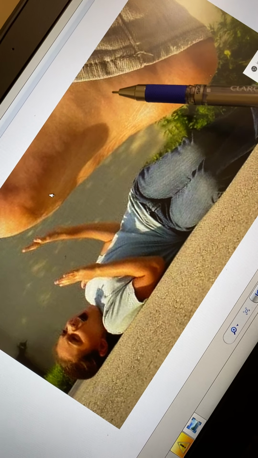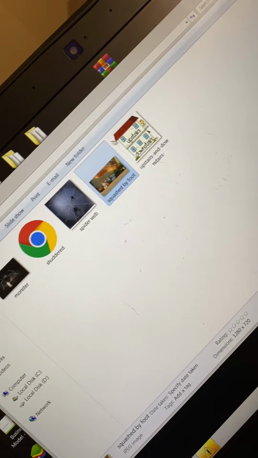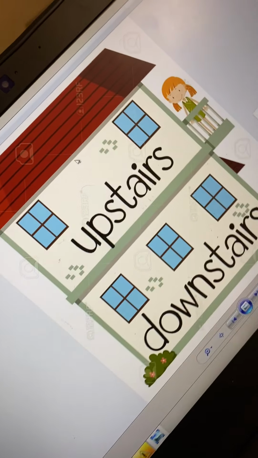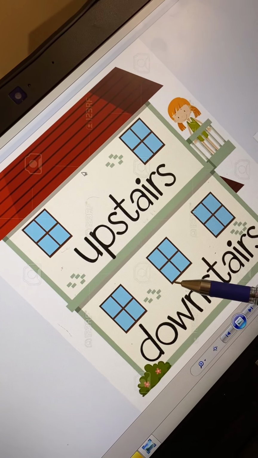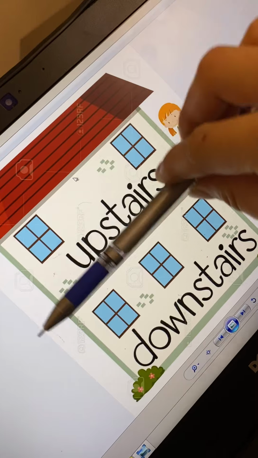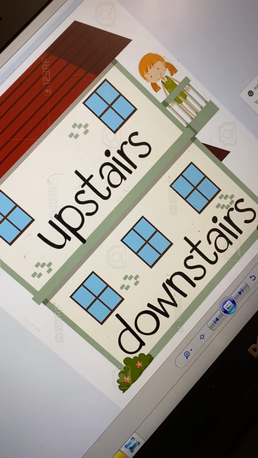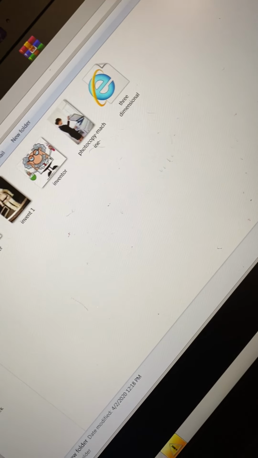So James's foot may squash her. Squash her or smash her. Okay, this house has two parts. The first one is upstairs and the second one is downstairs.